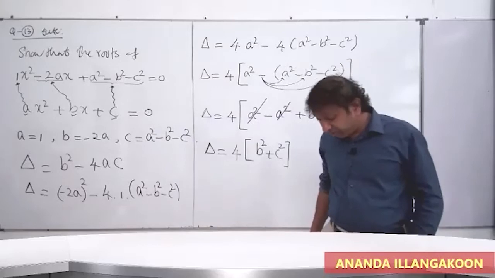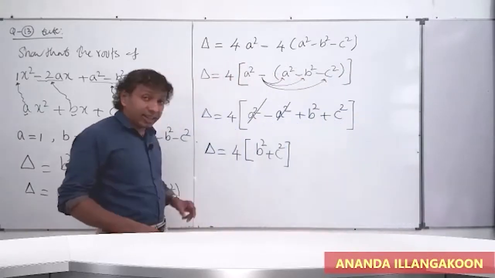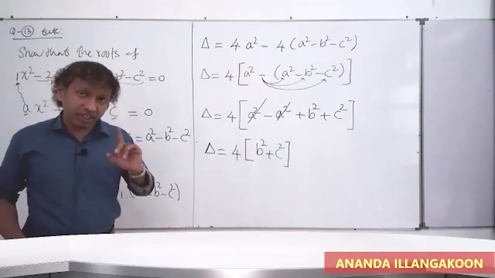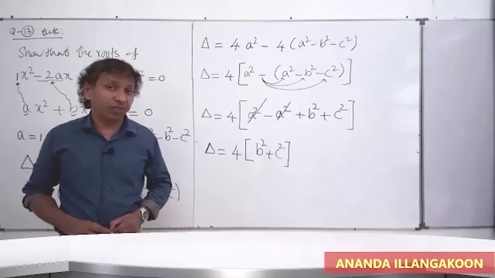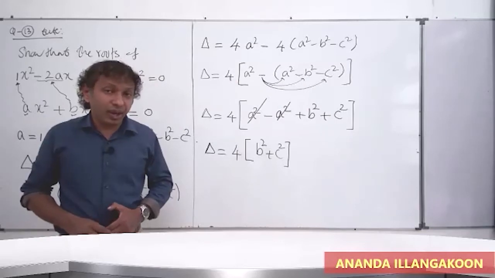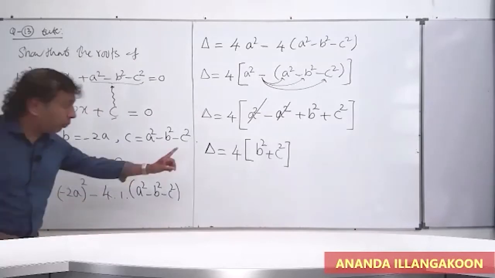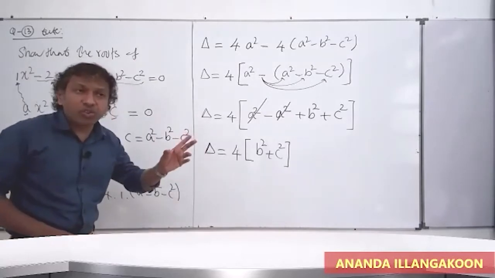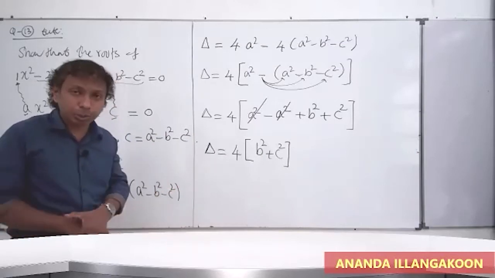Now people, tell me, we need to prove what? The discriminant delta is either positive or 0. That's what we have to prove. Now, can you give me an idea to prove this delta is always a positive value or 0? In other words, it can't be negative.